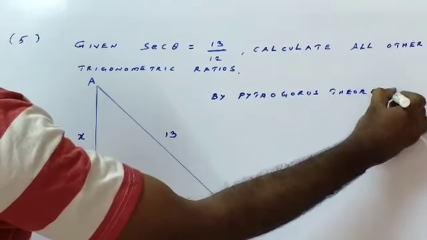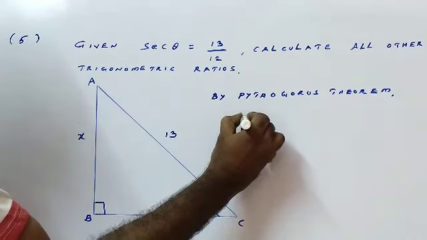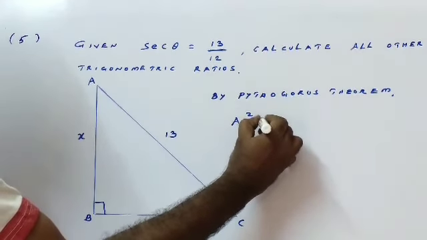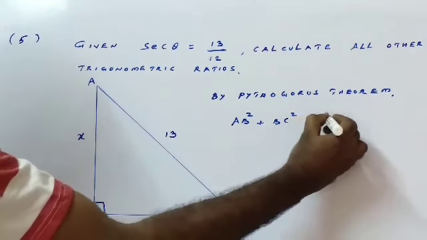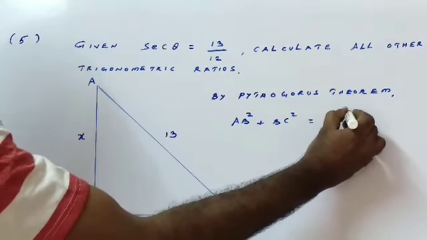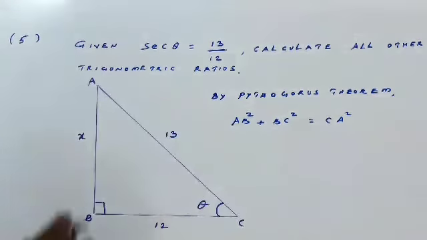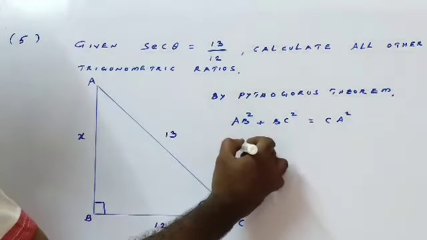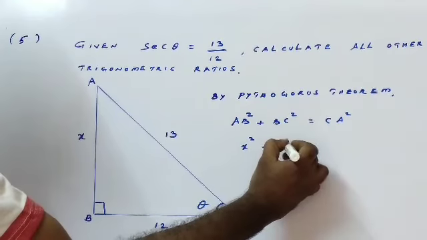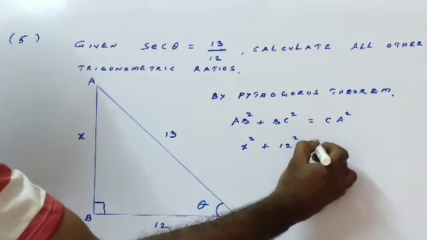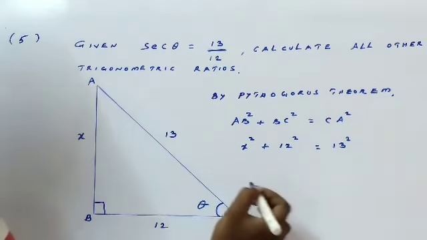Opposite square plus adjacent square, here opposite square is AB square plus adjacent square, that is BC square, equal to hypotenuse square, that is CA square. AB square, for AB we don't know the value, so put x here, x square plus BC, for BC put 12 square equal to, for CA 13 square.